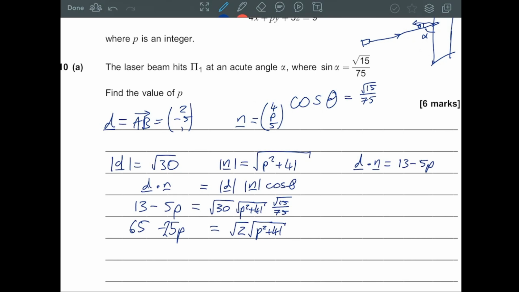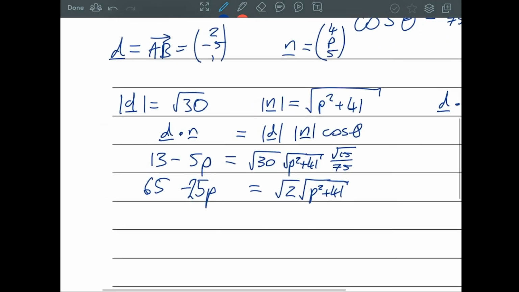I'm trying to see if there's any way I can not square this. I think I'm going to have to. So I'm going to square both sides, expanding out the bracket. Squaring this other side is going to be quite painful. 625p squared. And I think at this point I have to give up and find my calculator, because I'm not going to be able to do this one in my head.